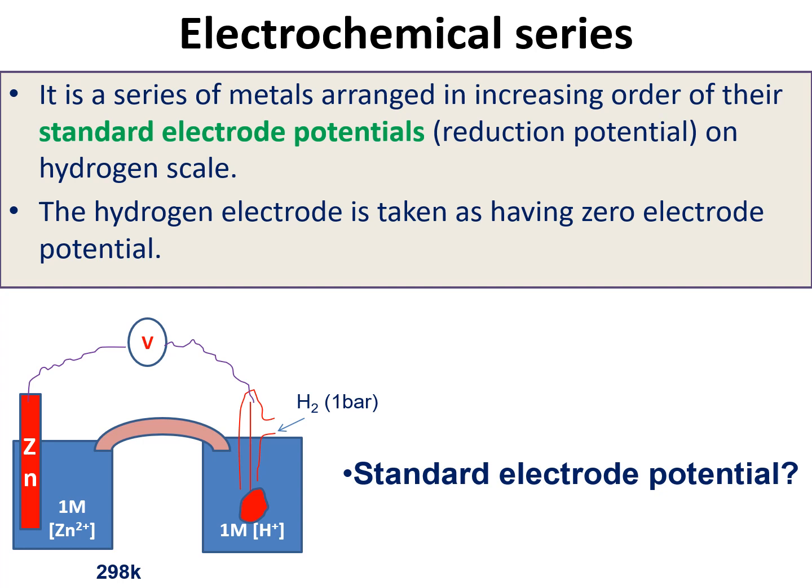Then the electrode potential value of each metal is called the standard electrode potential. Once we measure the standard electrode potentials of each metal and arrange them in increasing order of reduction potential value, that table, that series, that order is called the electrochemical series.